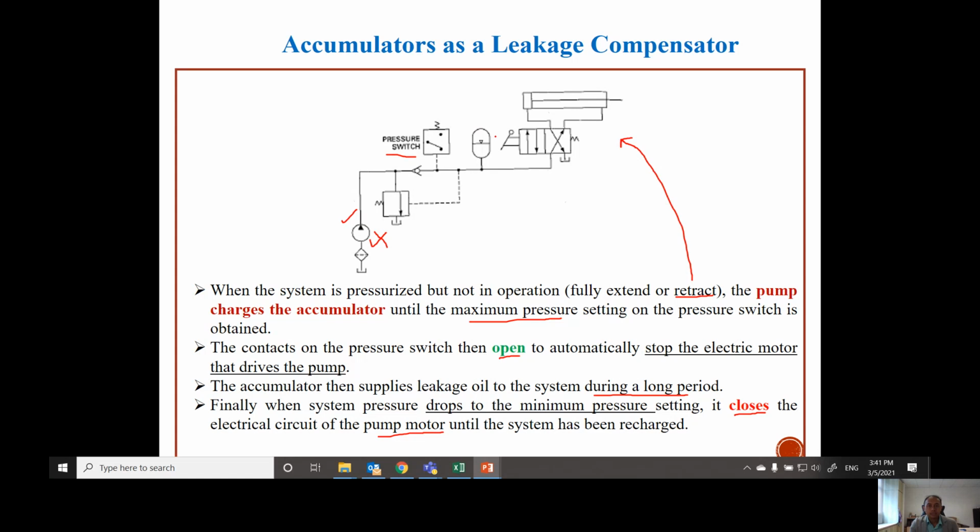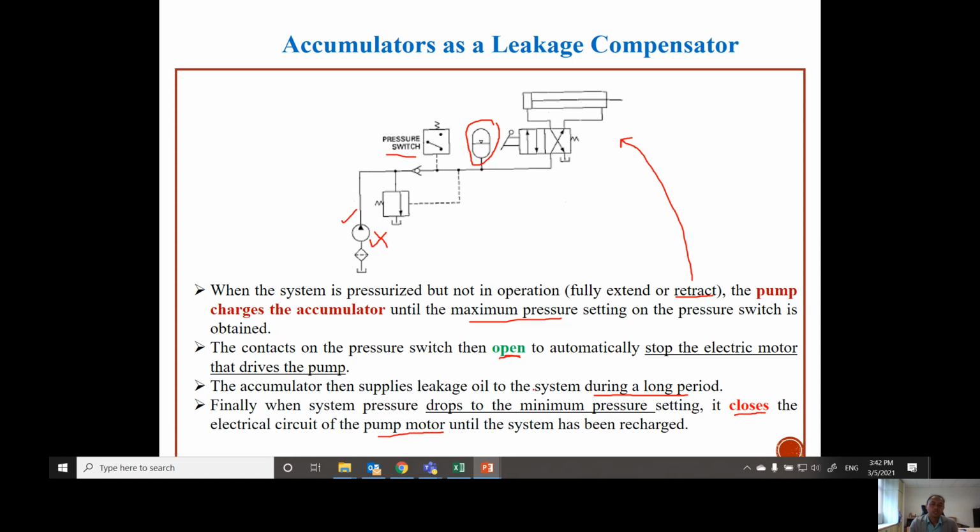turn on, and when the cylinder is fully retracted or fully extended, again the accumulator will charge the oil. Okay, so then it will repeat again until the maximum pressure setting is reached again, and then the pressure switch will open again, and we'll stop the motor and so on.